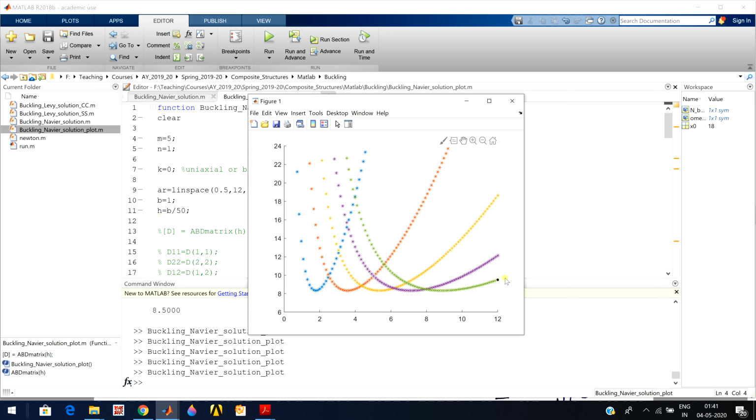So this way it will change, and you can also notice one nice thing: the minimum value of the non-dimensional buckling load is the same for all these different m.